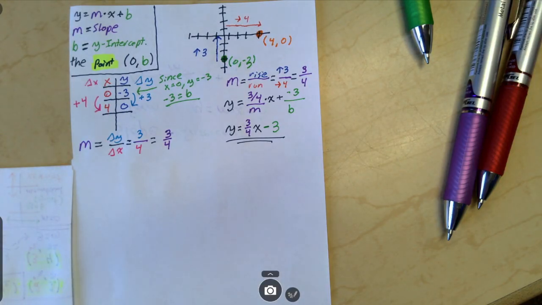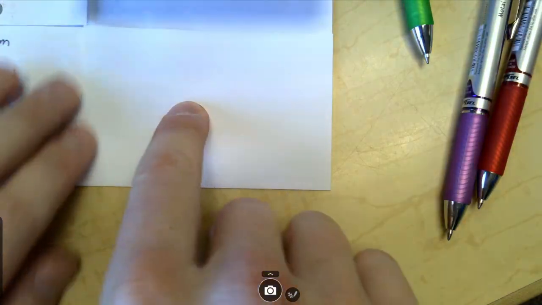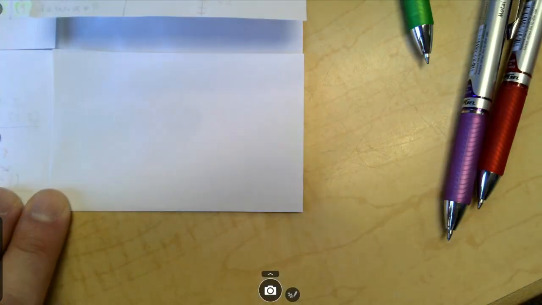All right, moving on to standard form. That's going to be our box down here, our last one.